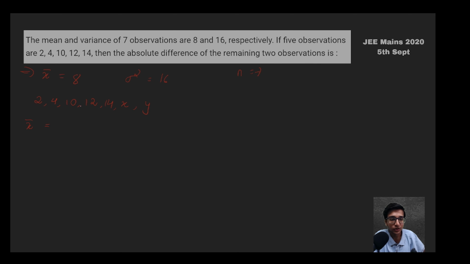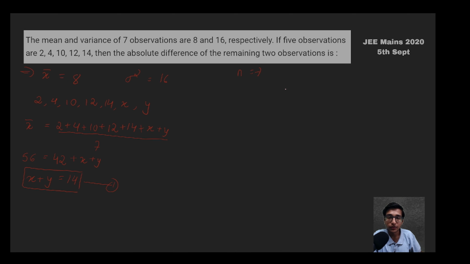This is ungrouped data, so it becomes easier for us. 2 plus 4 plus 10 plus 12 plus 14 plus x plus y, divided by 7, and mean is 8, so we cross multiply and get 56, which is equal to 2 plus 4 plus 10 plus 12 plus 14 plus x plus y. This gives us 42 plus x plus y. So from here we get the value of x plus y to be 14. So we've got one equation through which we can solve our question.